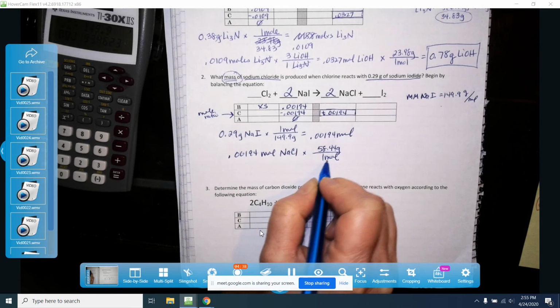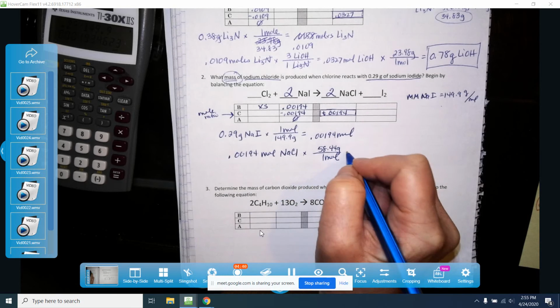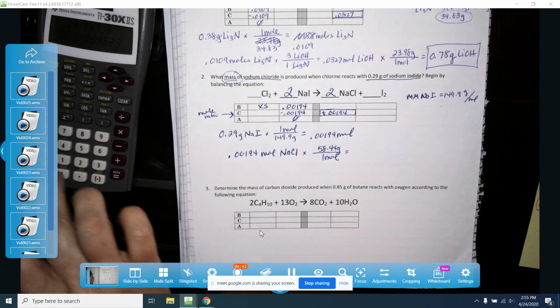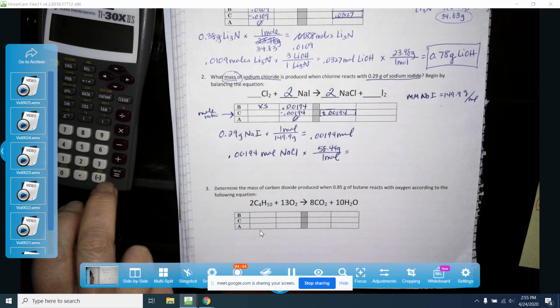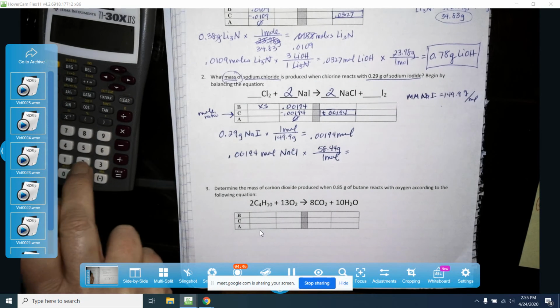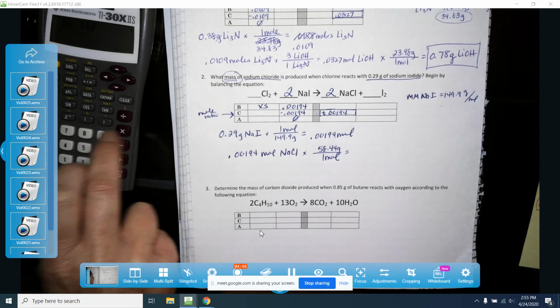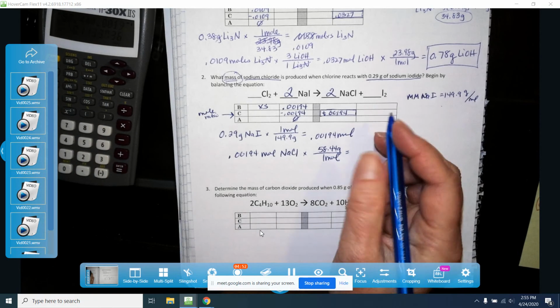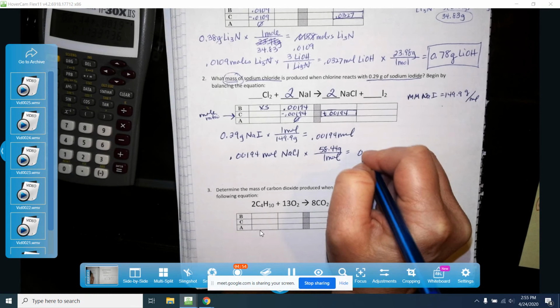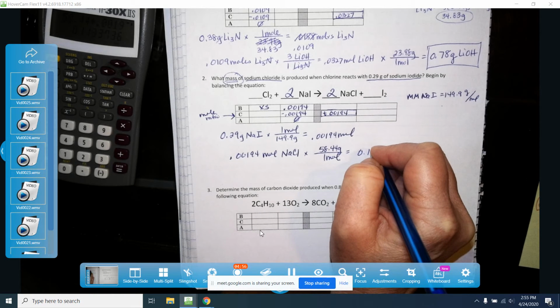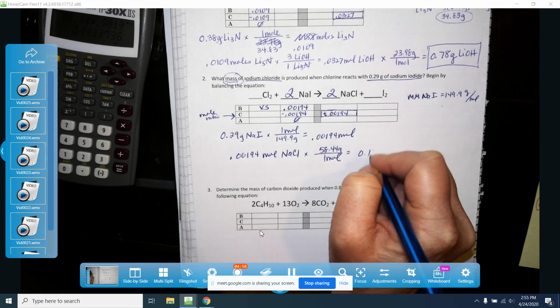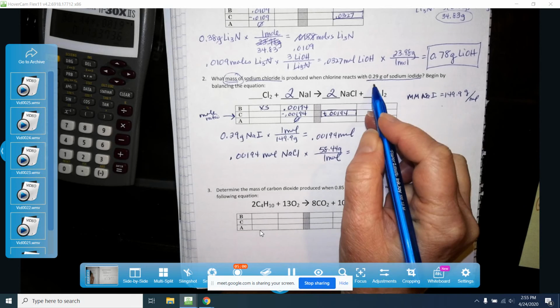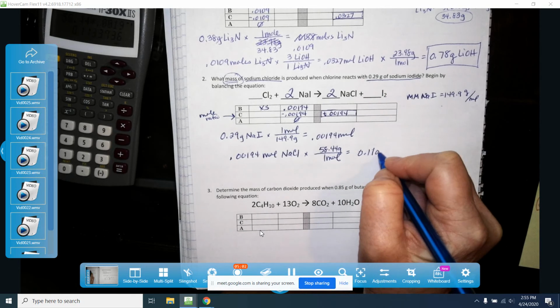And this time the mole goes on the bottom so that we can get grams for our mass answer. 58.44 times 0.00194, and we get 0.113. Keep it to 2 sig figs. Okay.